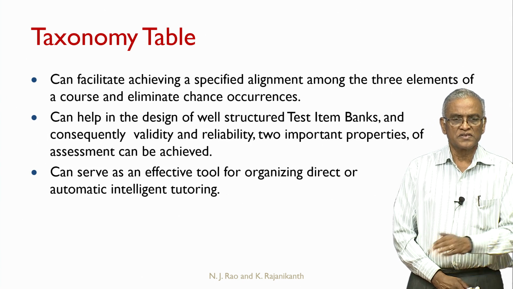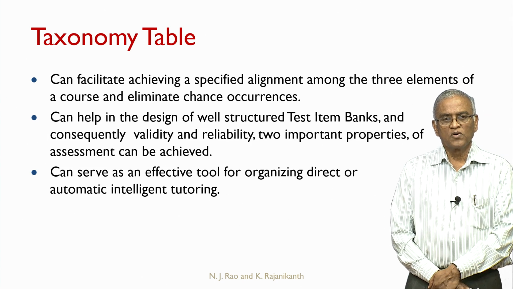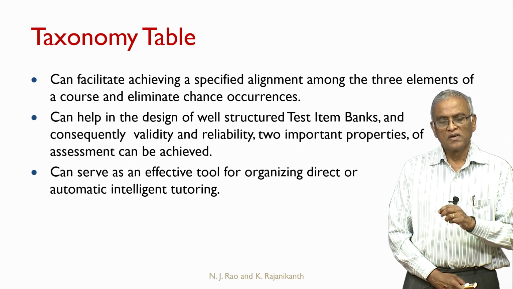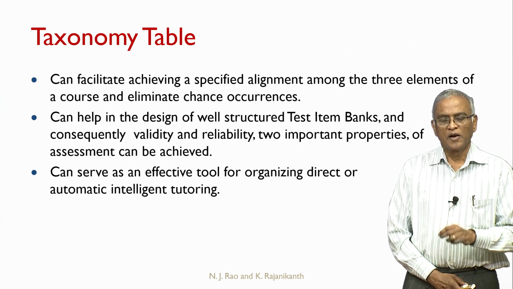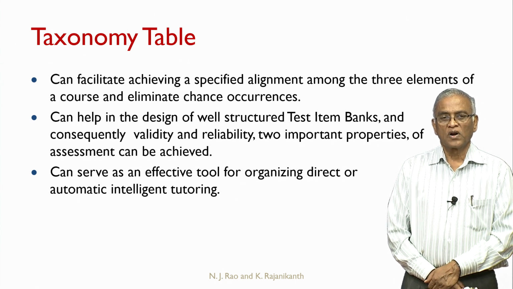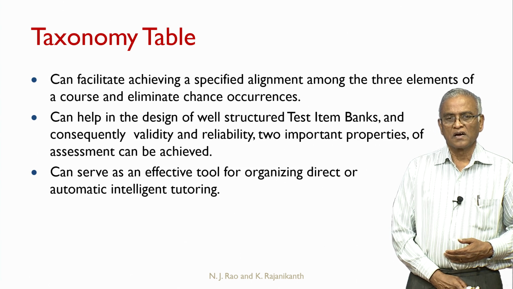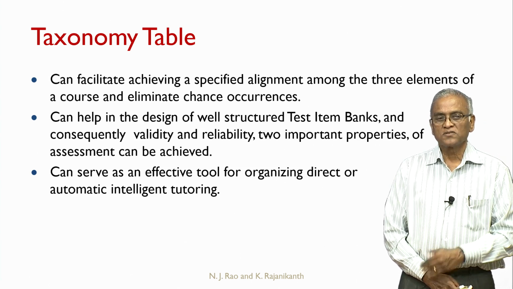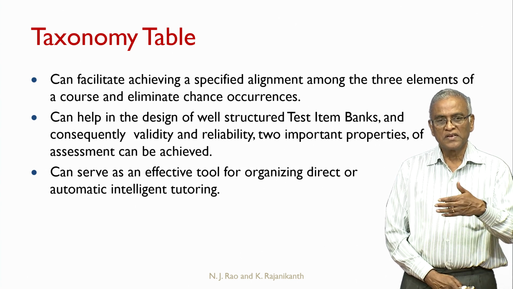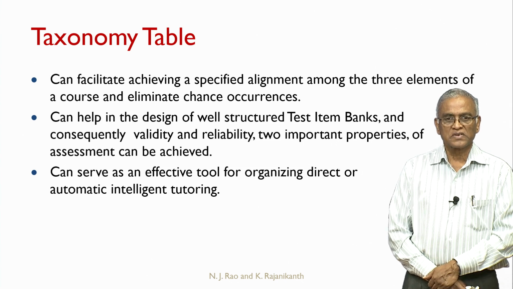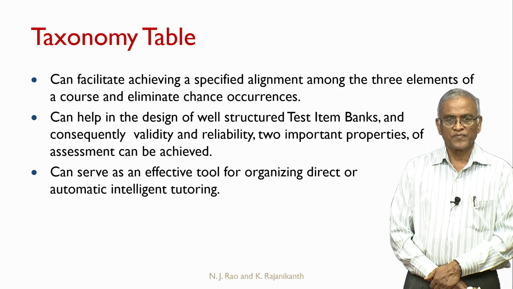For some reason you may have decided, I want to give more weightage to the lower cognitive levels than the CO. So, take the taxonomy table and put your percentages to start with in the corresponding cells. So, when you are designing either your question bank or your assessment instrument, you have the reference numbers in front of you. That is one purpose the taxonomy table can serve.